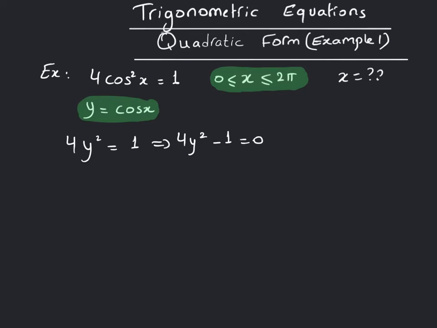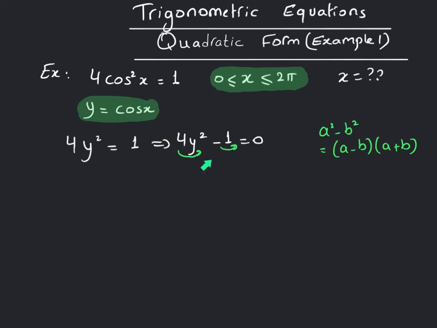If you look at this binomial, I have two terms, 4y squared and 1. It reminds me of the polynomial identity, which says a squared minus b squared equals a minus b into a plus b. And as you all know, this is the factorized form and this is the expanded form.